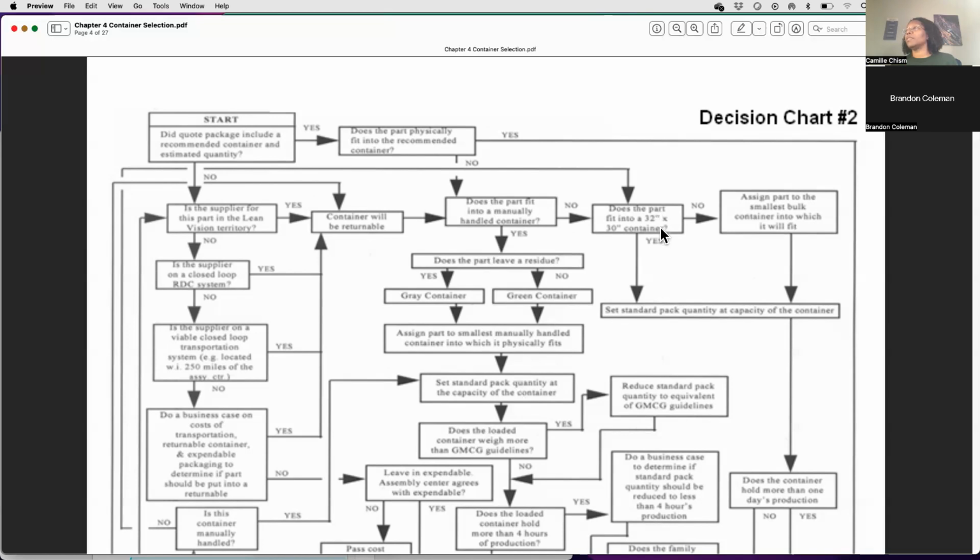No, will it fit into a 32 by 30 container, which is a smaller automotive standard? So instead of 48 by 45, there's another pallet or bin that would come in a 30 by 32 footprint. That is an automotive standard.